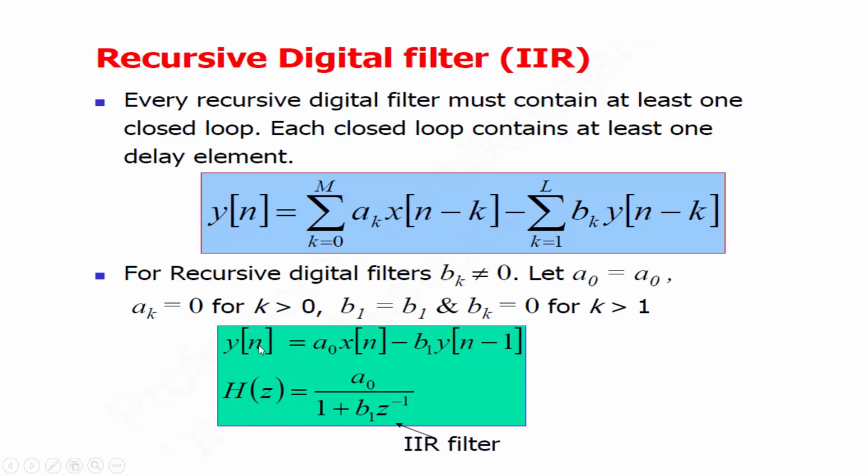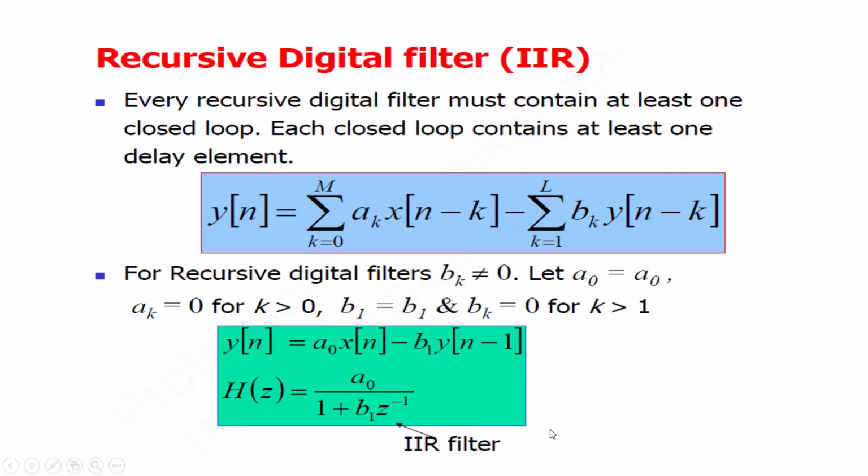Now if you take the z transform of this difference equation, you will get Y(z) by X(z), which is our H(z), equal to a naught divided by 1 plus b1 z to the power minus 1. This is an IIR filter because you have the denominator term, right? Any denominator term means having poles.